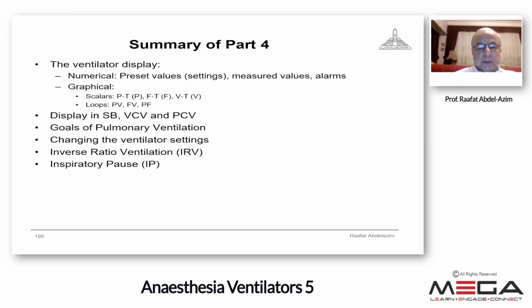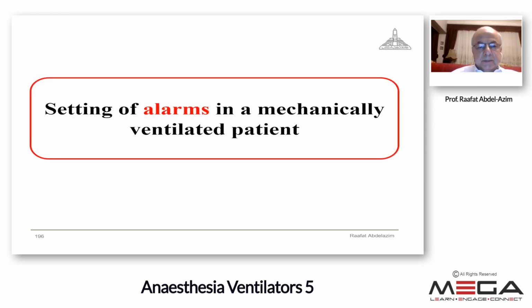We should be aware of these changes and not only change a setting without being aware of its effects on the others. I described what inverse ratio ventilation is and what the value of having an inspiratory pause is, either naturally occurring, or we can create or control its duration regarding the total inspiratory time.